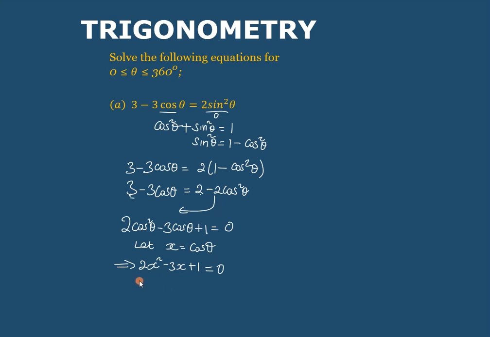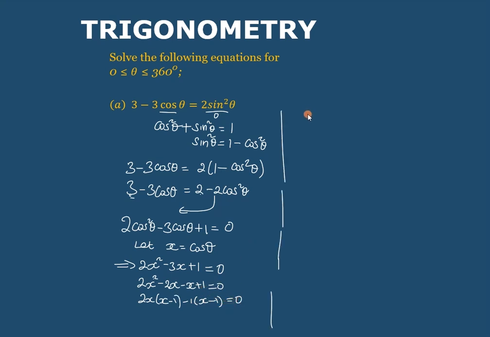This one can be factorized as 2x squared minus 2x minus x plus 1 equal to 0. So that we have 2x into x minus 1 minus 1 into x minus 1 equal to 0.